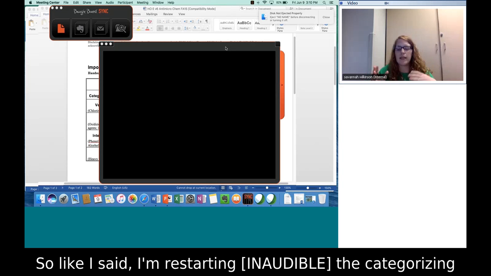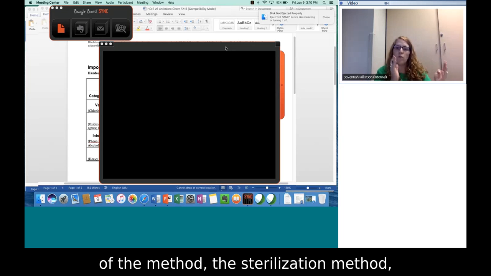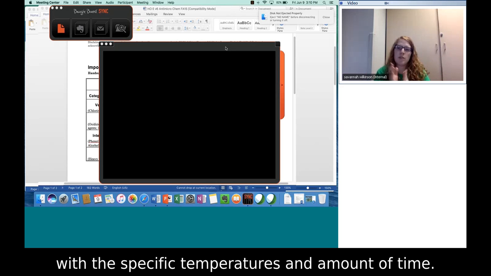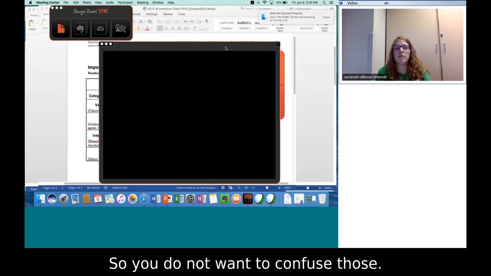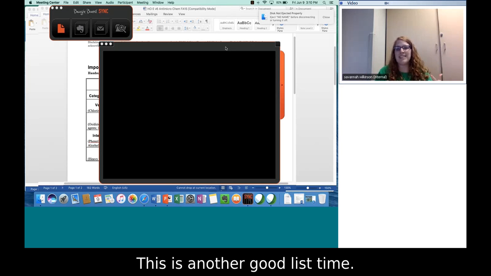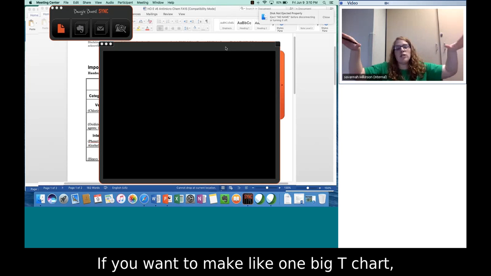So, like I said, we're starting into the categorizing of the sterilization methods, with the specific temperatures and the amount of time, so you do not want to confuse those. This is another good time to make one big T chart.